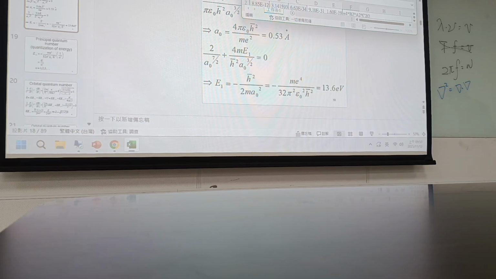Divide by 2 pi, then square. Then put it all together, divide by m, divide by e and square, right? So we can get the result.